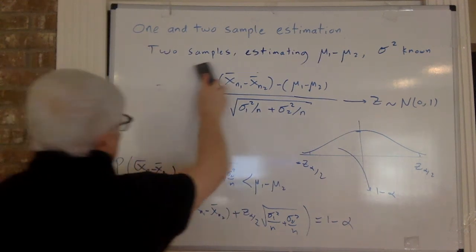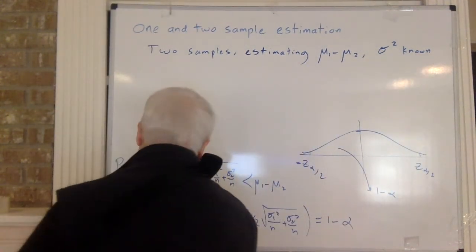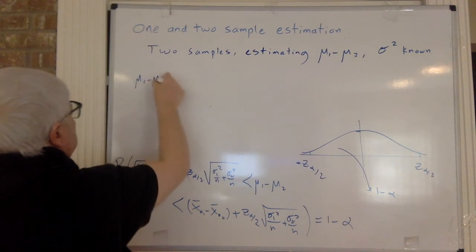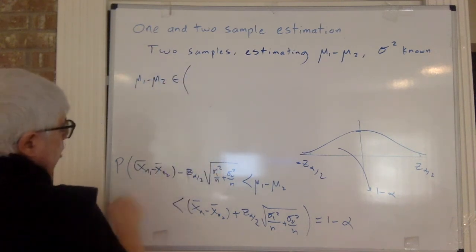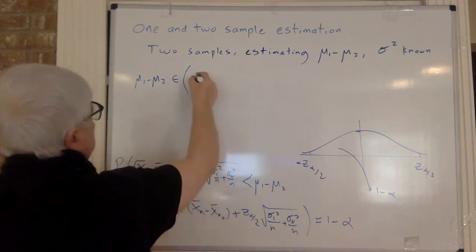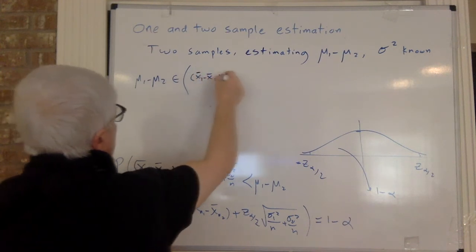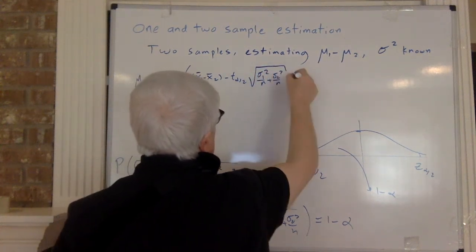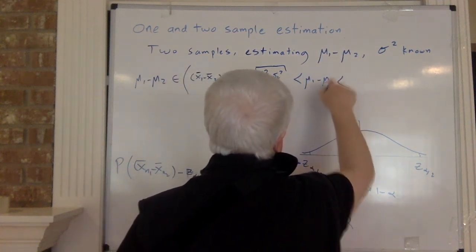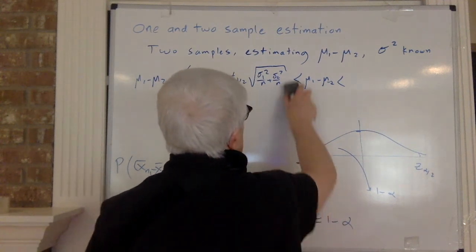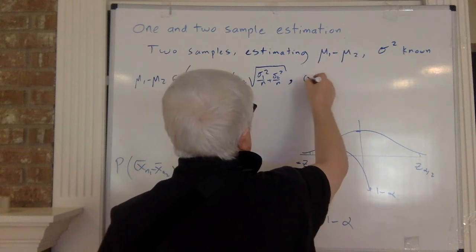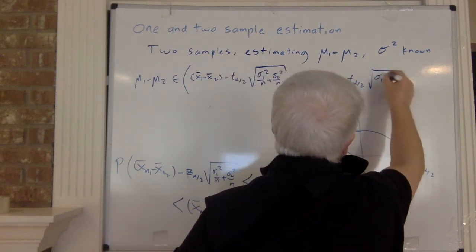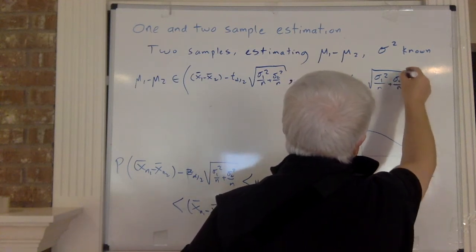So let me write down the interval. Mu1 minus mu2 is within this interval, except we are plugging in the values taken by these two sample means: x bar 1 minus x bar 2 minus z alpha over 2 times the square root of sigma 1 squared over n1 plus sigma 2 squared over n2, less than mu1 minus mu2, less than x bar 1 minus x bar 2 plus the same term.